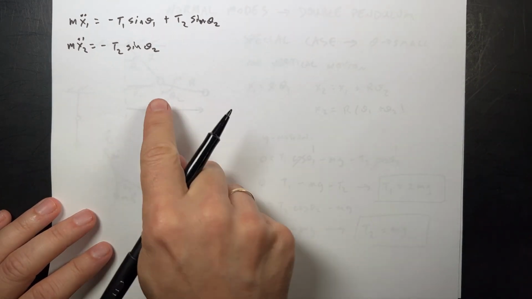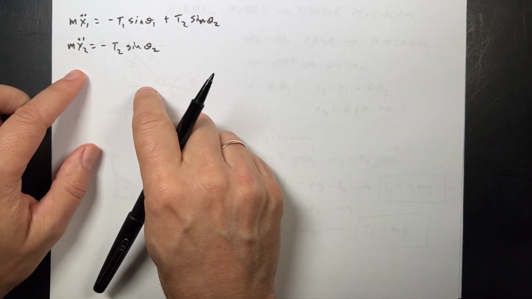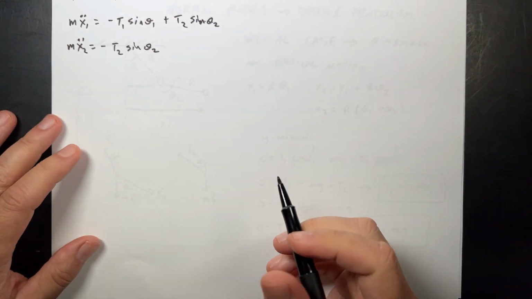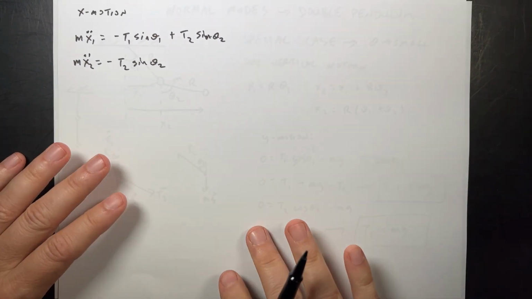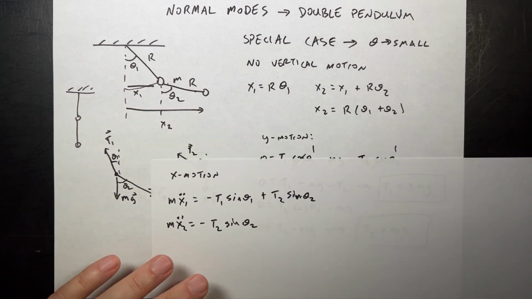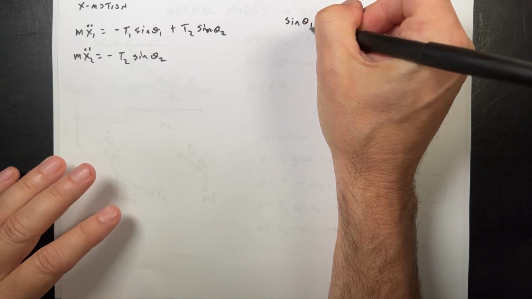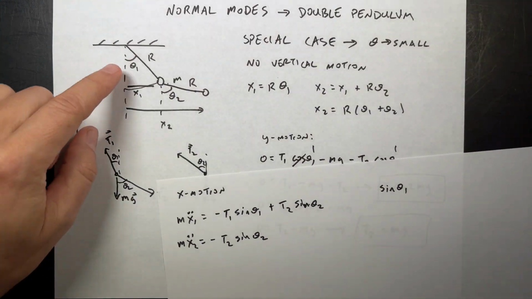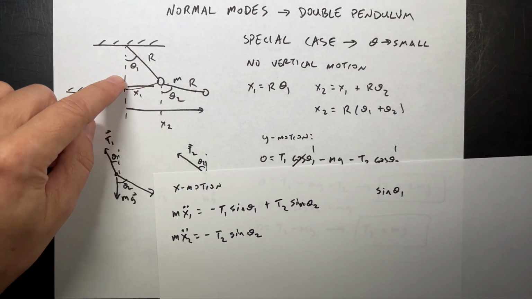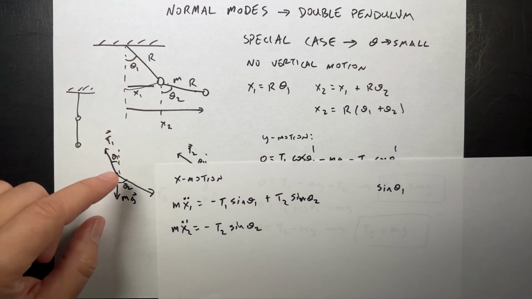So now we have x's and thetas, and I only want x's. I'm going to get everything in terms of x's. So if we go back from before, from our definition, I've written it up here. We could also say, just looking at this diagram, sine of theta 1 is going to be x1 over r.